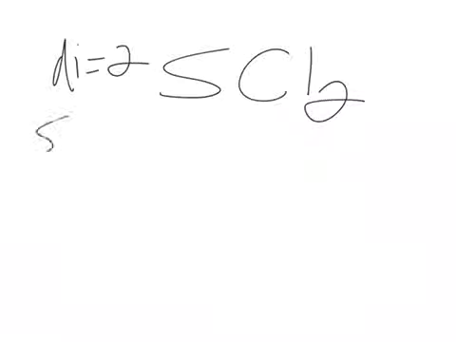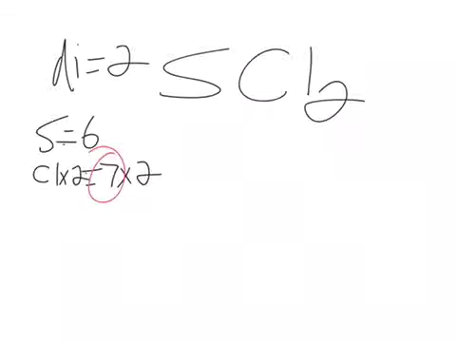So sulfur equals 6 valence electrons, and then chlorine times 2 equals 7 times 2. The 7 right here is the valence electrons. So this equals 14.